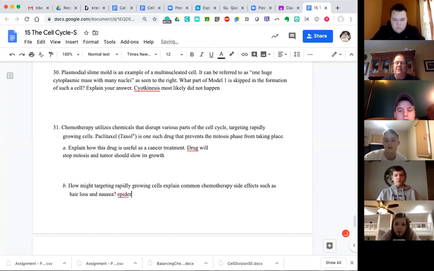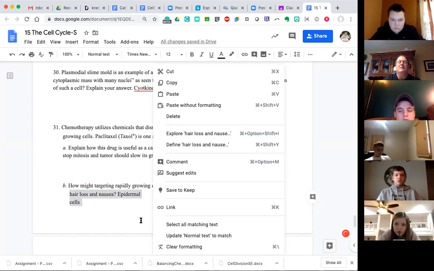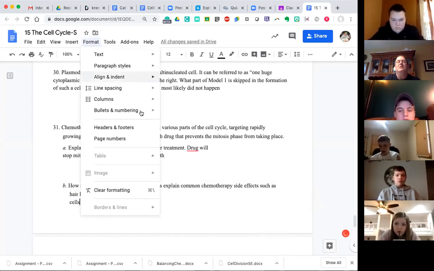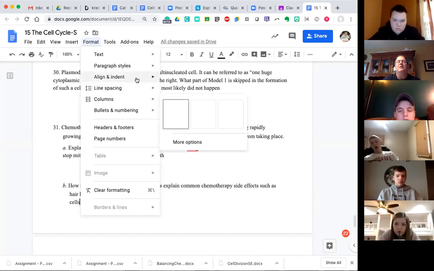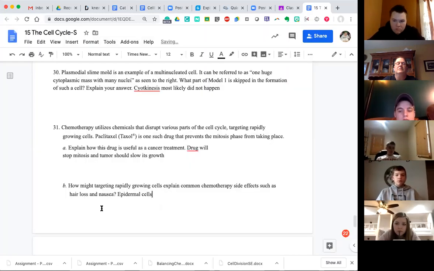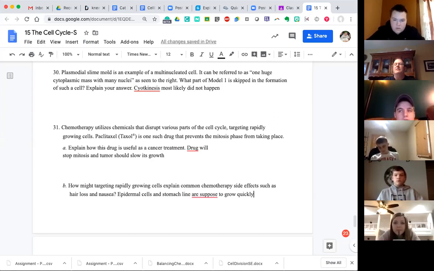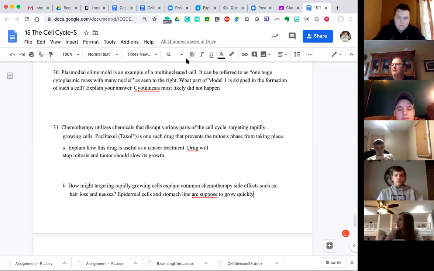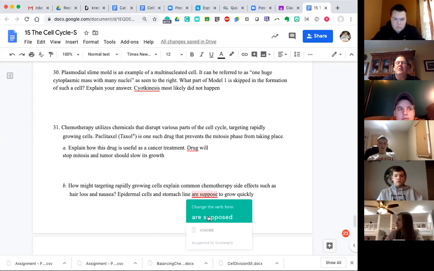Yeah, the epidermal cells are one of our fastest growing cells, and our stomach lining has to be constantly replaced. So if we're taking a drug that's going to slow mitosis, then yeah, stomach lining is not going to be repaired, and the skin tissue is not going to grow like it's supposed to.